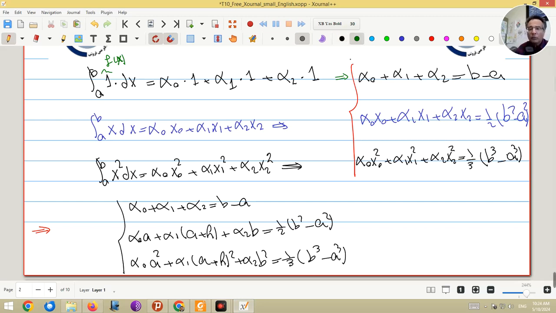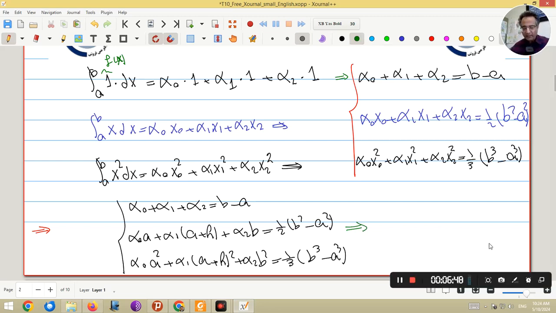Okay, so we have to solve this system of equations, and it's not difficult. You can do it easily, and if you do it you can find some values for the unknown parameters.